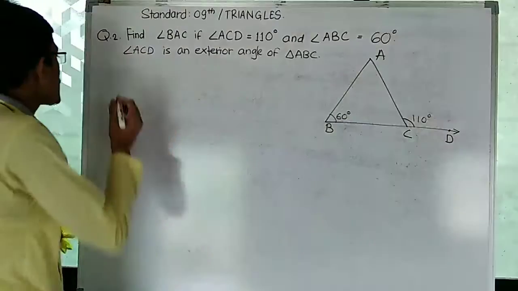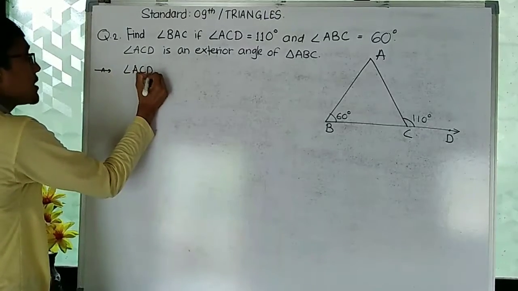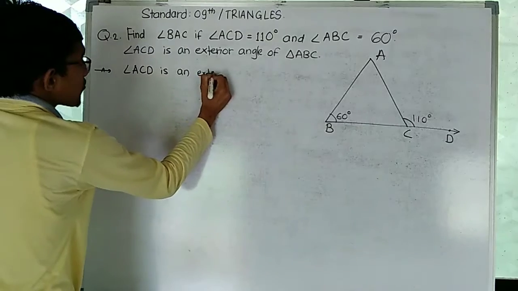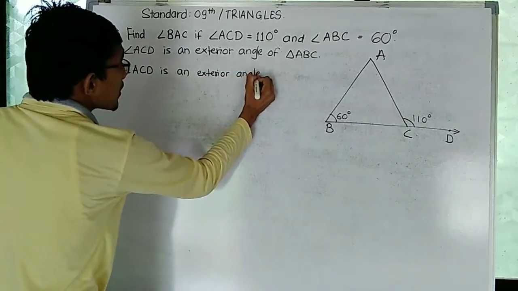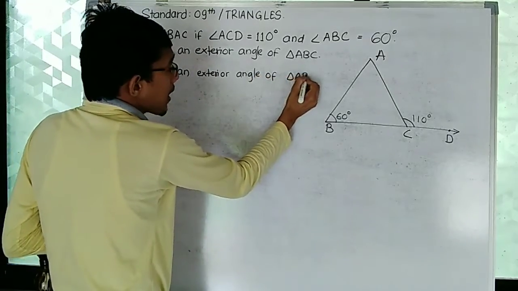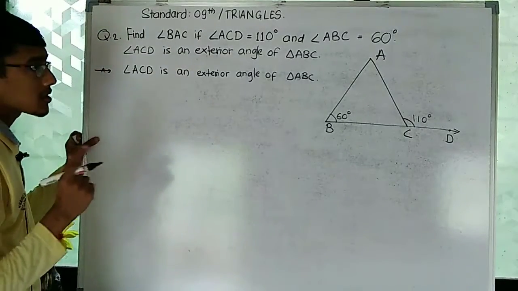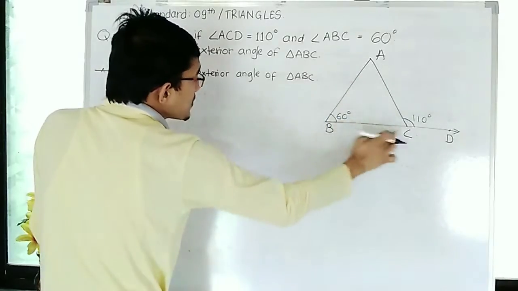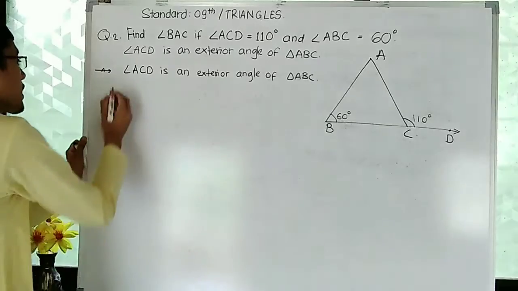As we have an exterior angle, we have two remote interior angles for this exterior angle. In this particular question, BAC and ABC both are the remote interior angles.